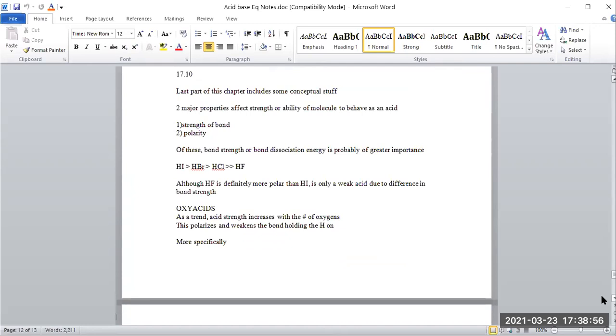But also polarity. Remember, polarity kind of relies upon where on the periodic table your element is. So I picked on 4 non-oxy acids here. We've got HI, HBr, HCl, and HF.